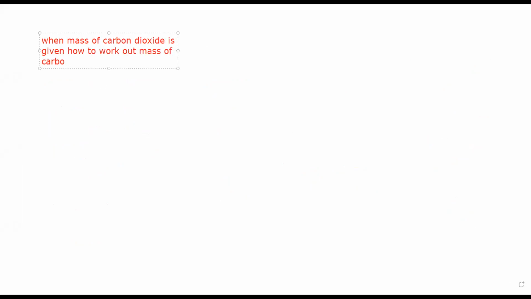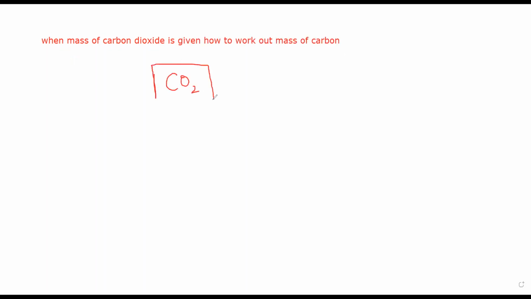the mass of carbon. As you can see, in the carbon dioxide CO2 molecule, how many carbon atoms are there? It contains 1 carbon atom. But in terms of mass, what is the total mass of carbon dioxide? Carbon is 12 plus oxygen is 16 multiplied by 2, so 32 plus 12 is 44.